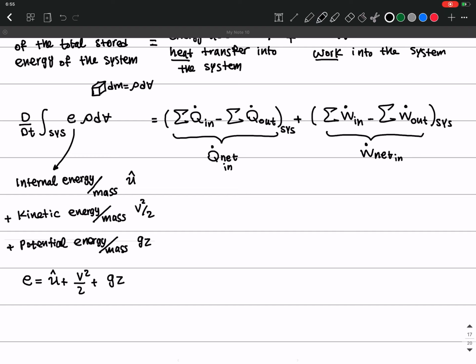Now let's look at W dot. For W dot, I can decompose the total work into the work done by tangential stresses and the work done by pressure.